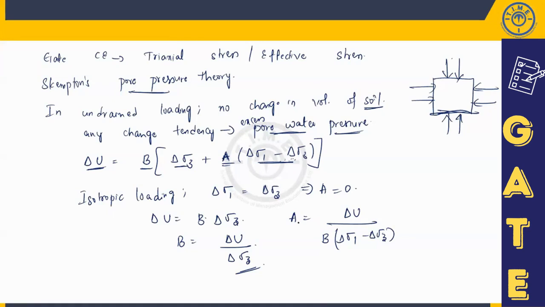We calculate A by using this formula. So this is the important concept about Skempton's pore pressure theory related to the GATE exam. These are the equations as well. No need to do much research on this. Just remember these formulas, go for the GATE exam. That's it.